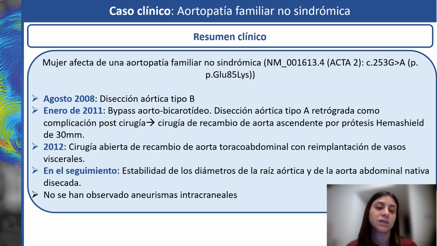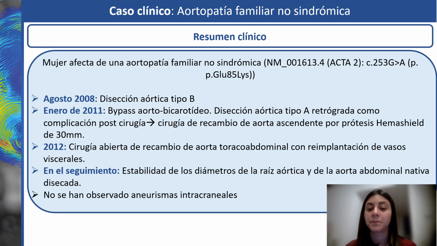And because of the increasing diameters after she recovered from the fragile condition post-first surgery, an open surgery was performed to replace the thoraco-abdominal aorta with reimplantation of bilateral vessels.